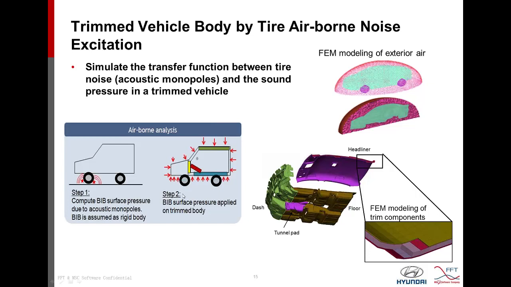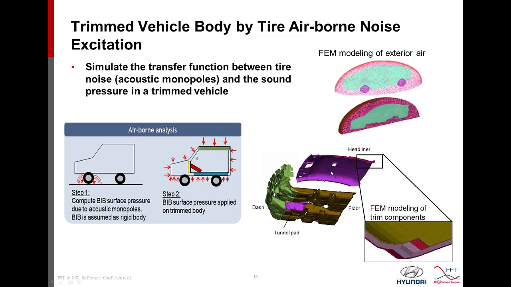Okay, and in the second step, we will excite the complete vibro-acoustic system of this vehicle, including the trim component, by this surface pressure. So as we can see here, an image of the exterior mesh for the first step, the exterior air volume used for the first step.